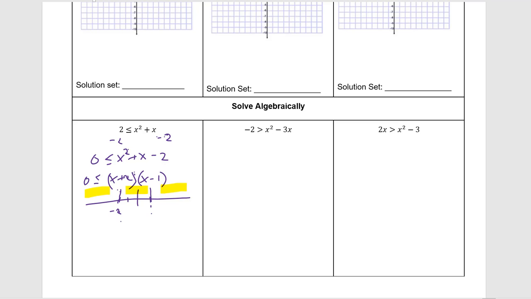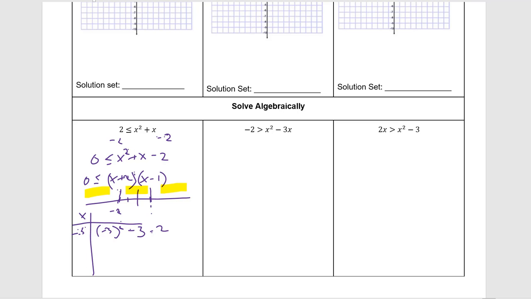So if I choose x equal negative 3, then I substitute that in, I get negative 3 squared minus 3 minus 2. Negative 3 squared is 9.